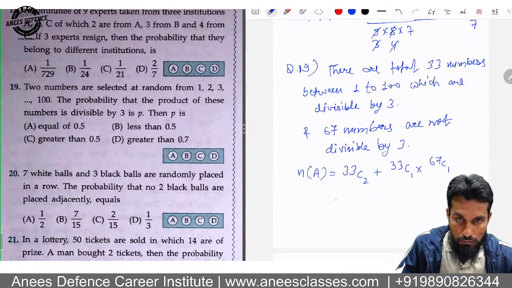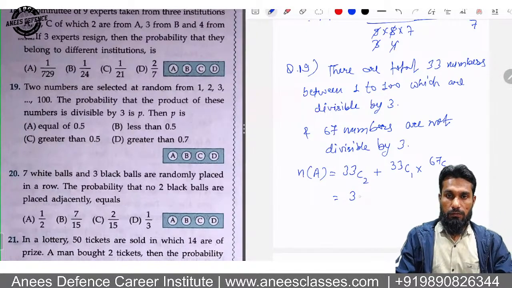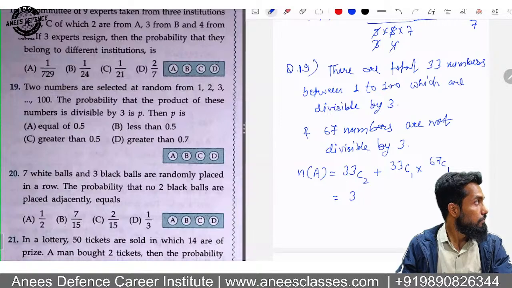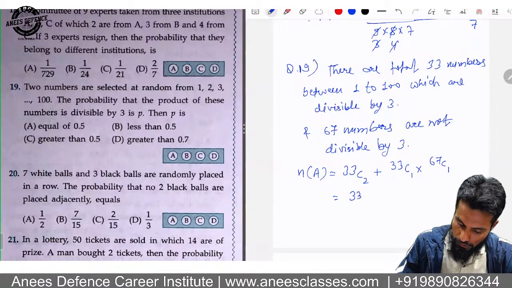So the 33C2 value you are going to get is 33 multiplied with 32 upon 2.